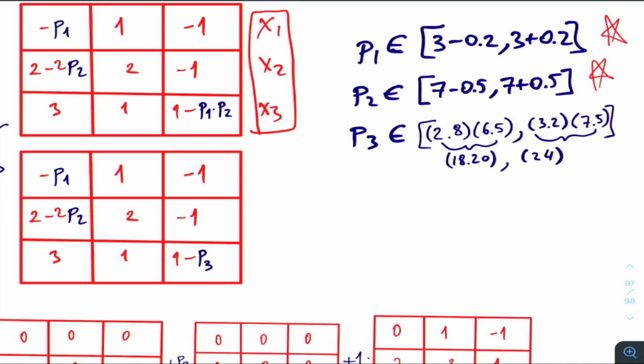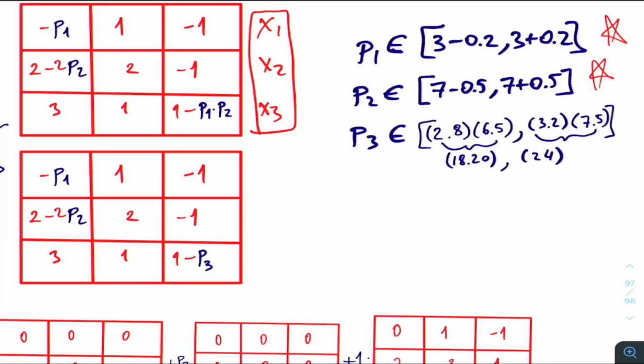For example, P1 is 3 plus or minus 0.2, and we will use something like this, where delta takes some value between 0 and 1. There are a couple of ways of representing the same uncertainty.